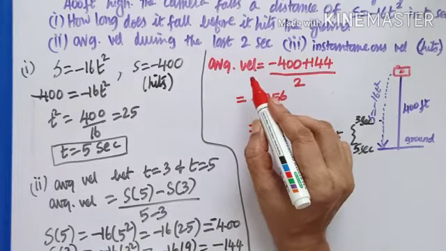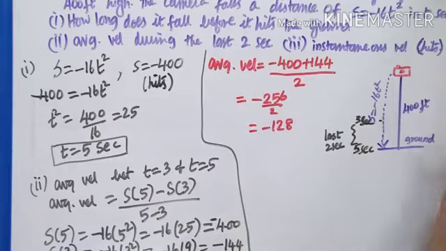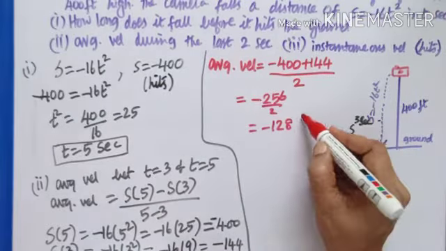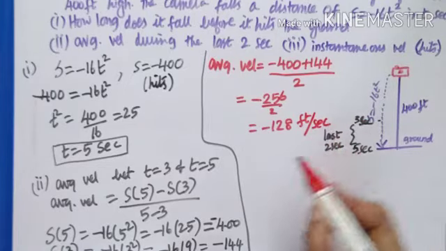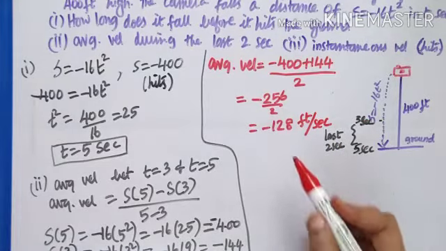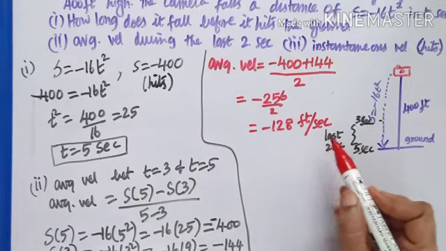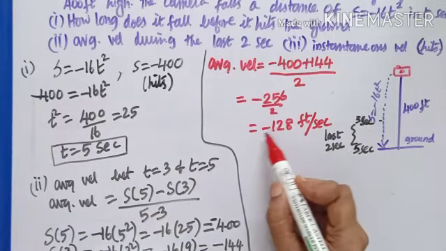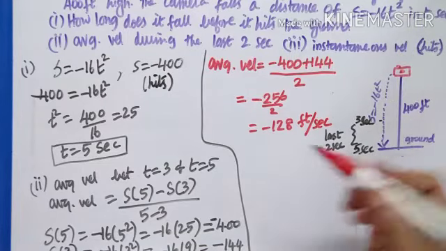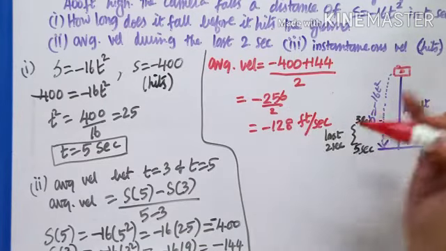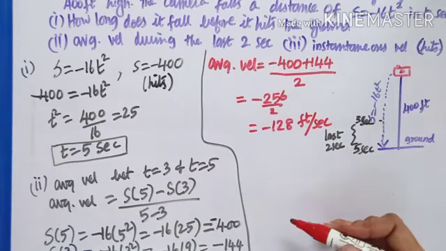Here what is the unit given? Check it, feet. So what will I write? Feet per time in seconds. So average velocity is minus 128 feet per second. This negative symbol tells me it is falling downward. Upward motion is a positive symbol, and downward motion is a negative symbol.